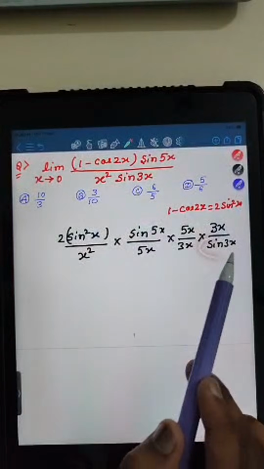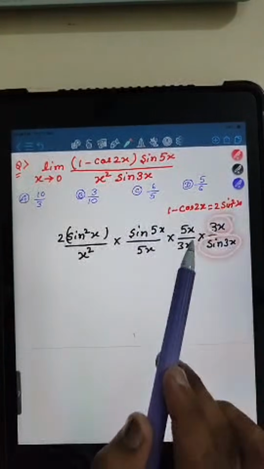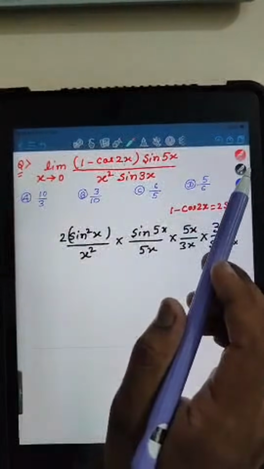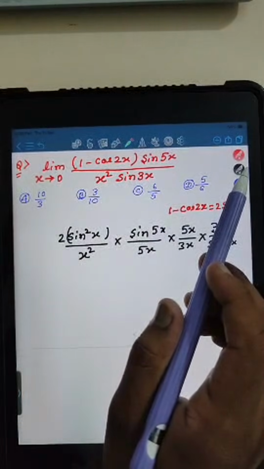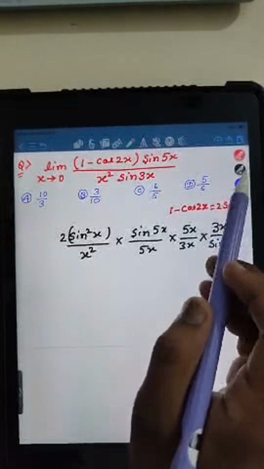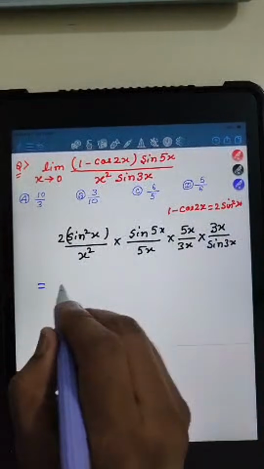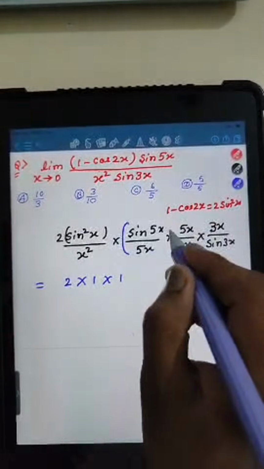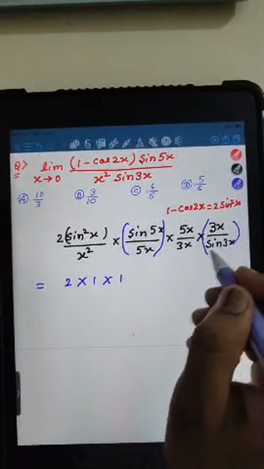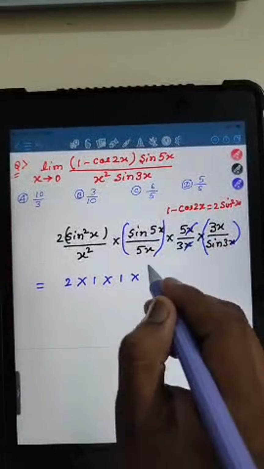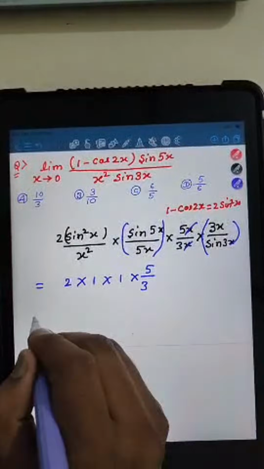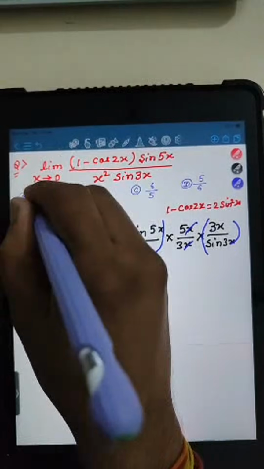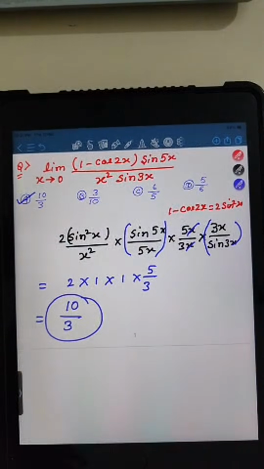And in order to make sine 3x, I have multiplied and divided by 3x. Yes, Ritu Kumari, you are correct. A is the correct answer. So you will get 2 into 1 into 1, this will be 1, and then 5 upon 3. x cancels out. You will be left with 10 by 3. That is option A, right?